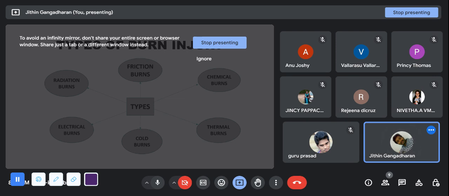Chemical burns: when you're working in an experimental lab and concentrated hydrochloric acid falls on your hand, you may get a burn. Then thermal burns are caused by temperature. Cold burns, frostbite is an example. Electrical burns: when you get an electrical shock, you may have a burn. Radiation burns, heat burn is an example of radiation.